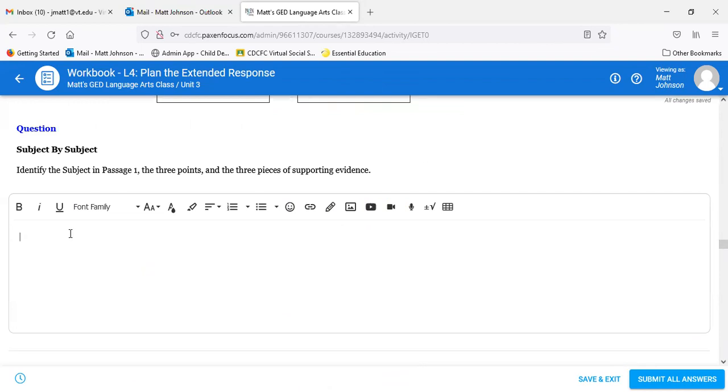So for number 7, it says identify the subject in passage 1, the 3 points, and the 3 pieces of supporting evidence. So the subject is Cliff, who argues that online learning is not worthwhile.